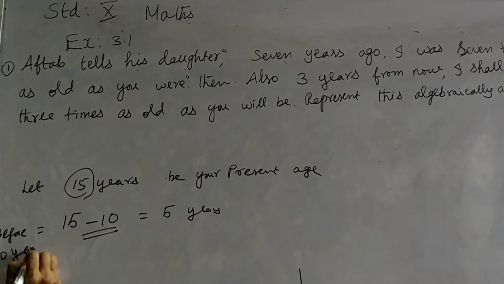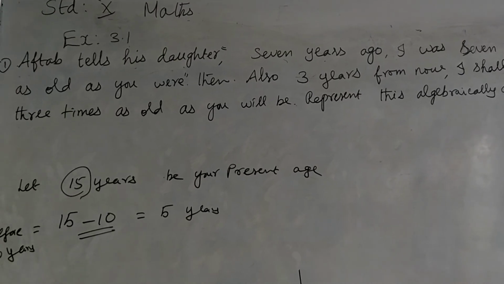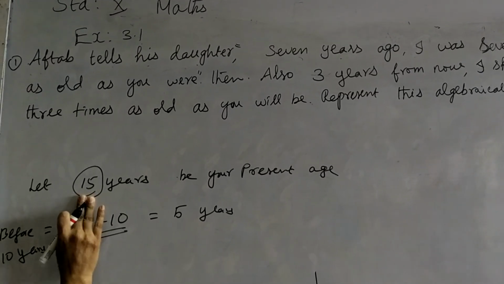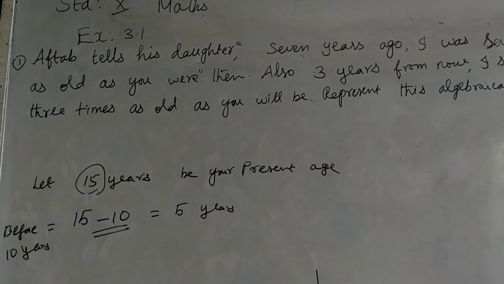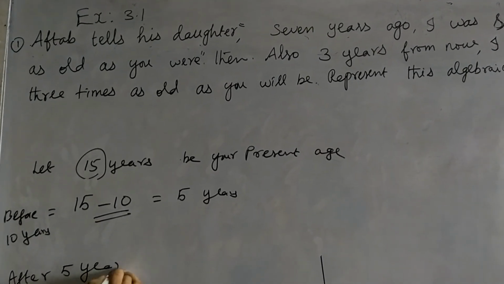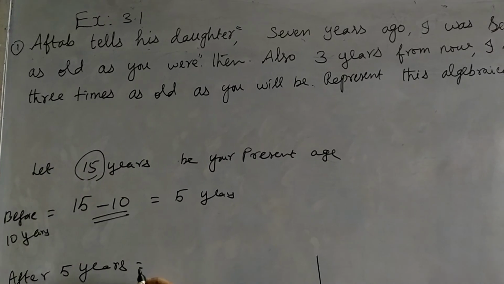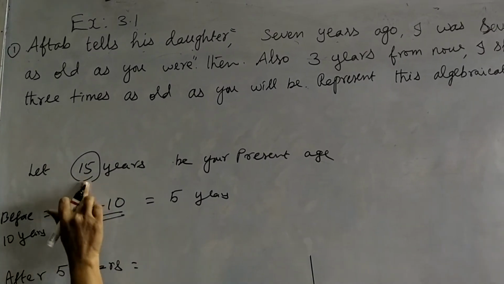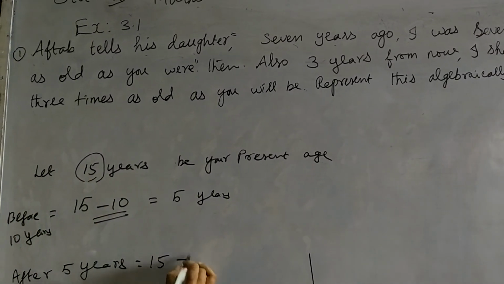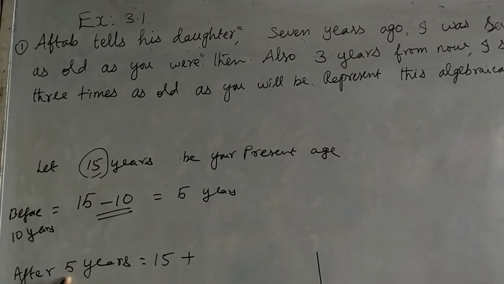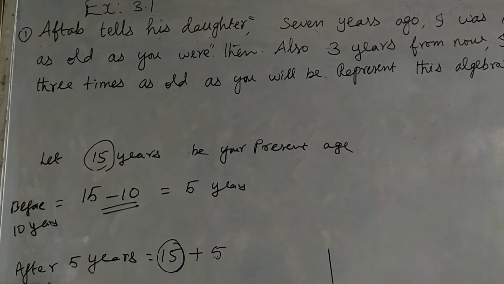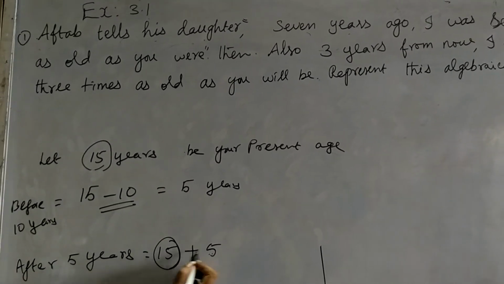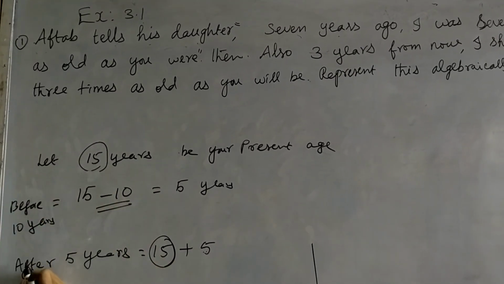Then, if somebody asks you, your present age is 15, what will be your age after 5 years? After 5 years, definitely it will be more than your present age, so we add the 5 years to the present age. So the calculations should be done with the present age only.